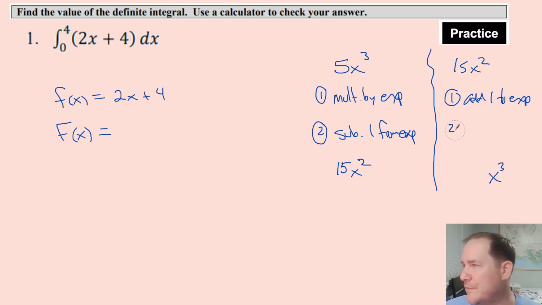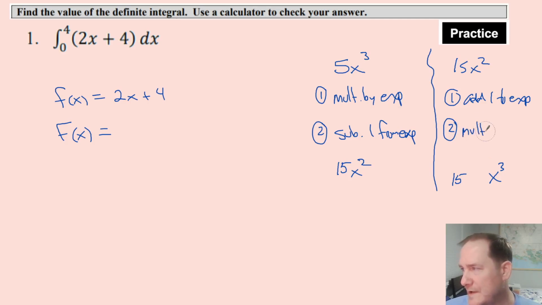Now the next step was the only thing that's even remotely tricky. If we were doing the antiderivative of this guy that had a coefficient of 15, you kind of keep that coefficient of 15, but obviously 3 times 15 would get us 45 now. I don't want a coefficient of 45. So that's why in step 2, we multiply by the exponent. Well, the reverse of that is divide by the exponent, but I don't like division.